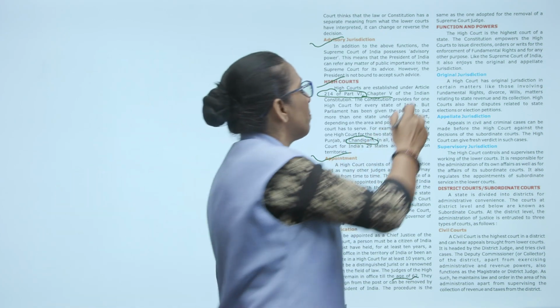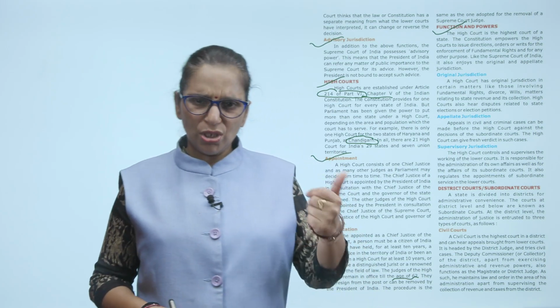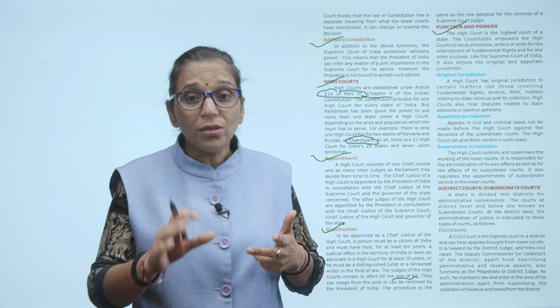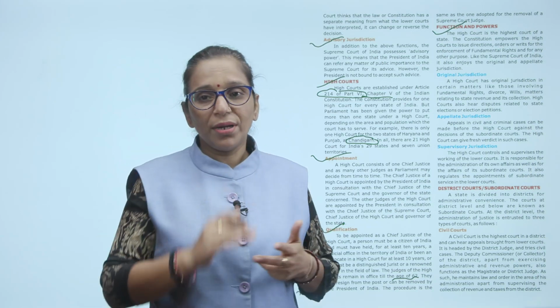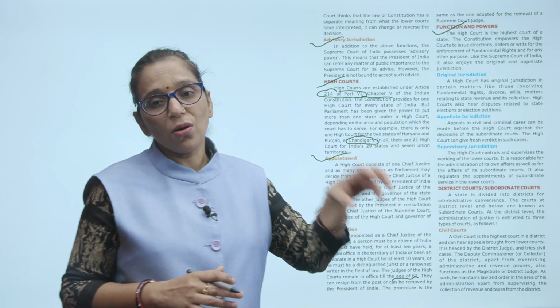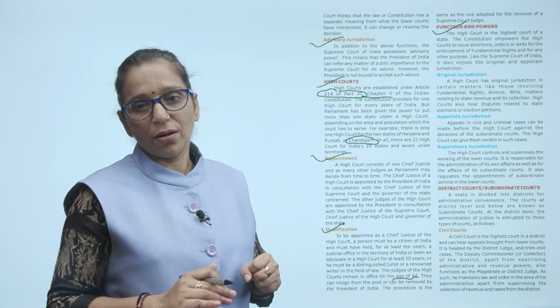Now functions and powers. The High Court is the highest court of the state. The Constitution empowers the High Court to issue directions, orders, and writs for the enforcement of fundamental rights and for any other purpose. So like Supreme Court of India, High Court also enjoys original as well as appeal power.